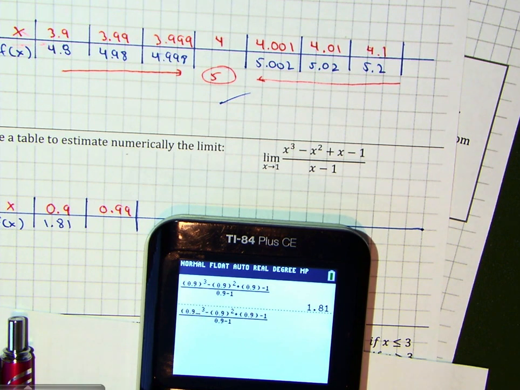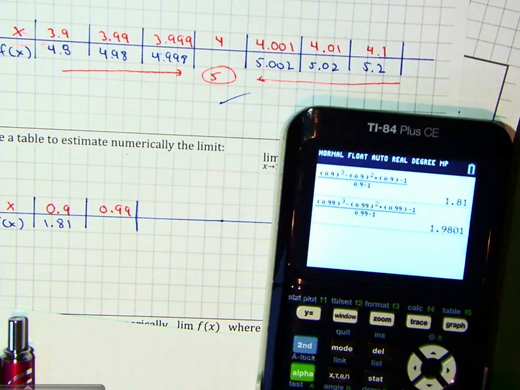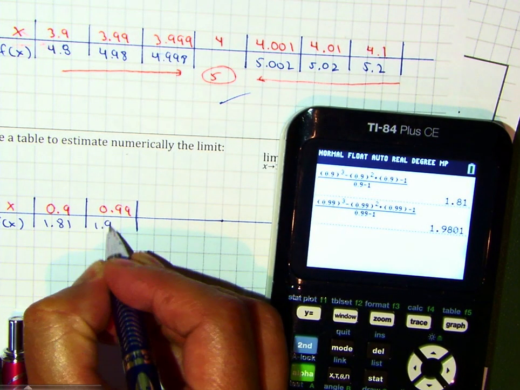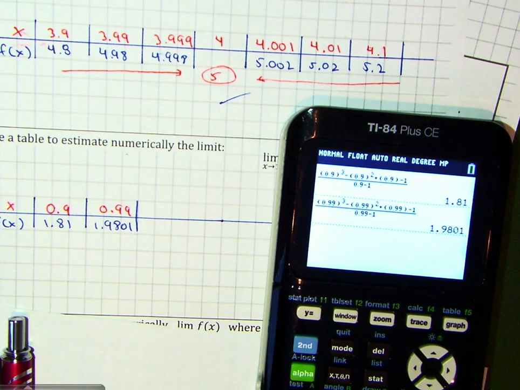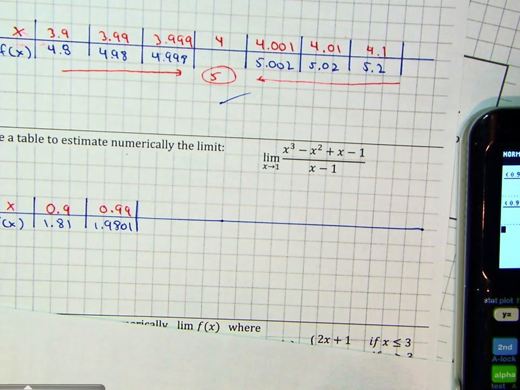Second insert in 9. So therefore that gives me 1.9801.